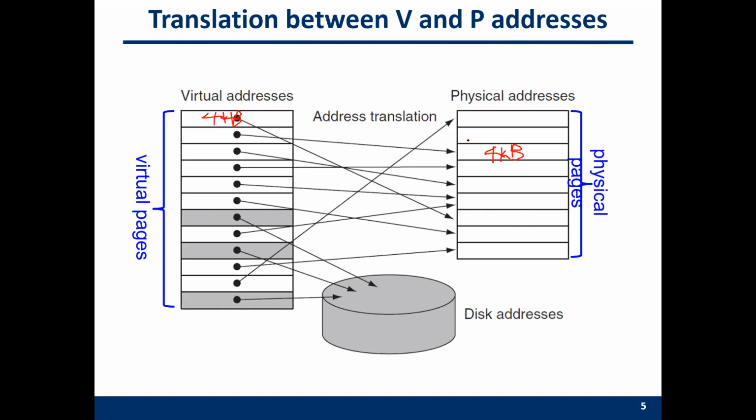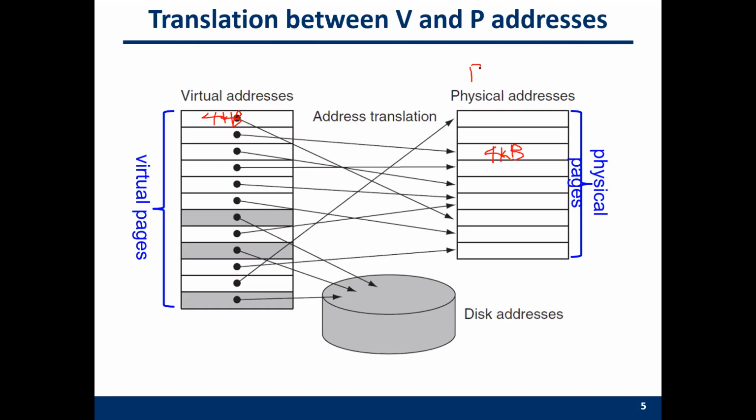But the physical memory may have a smaller number of pages than the virtual memory. In this way, the virtual memory has to store some pages on the disk. Only the active pages are actually stored in the physical addresses.